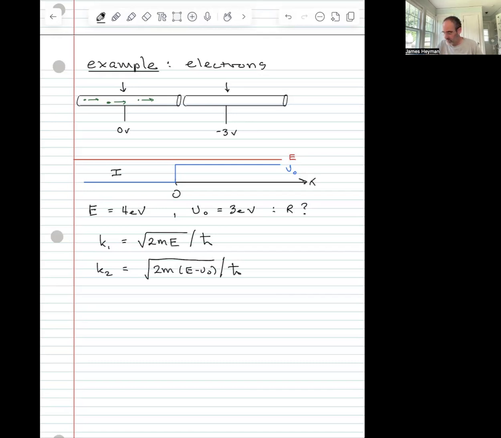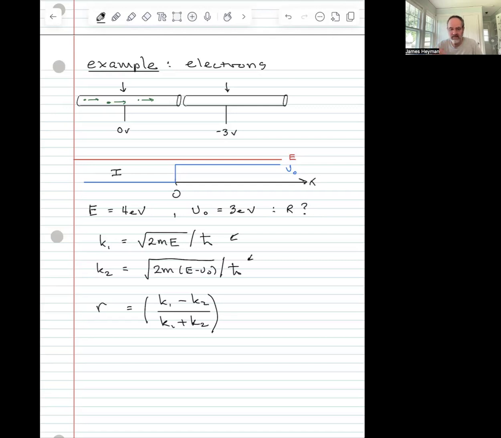Well, we do. But in fact, if we're clever, we can simplify this problem quite a bit and find our answer quickly. We know that the reflection coefficient little r is K1 minus K2 over K1 plus K2. But when we look at K1 and K2, we can see that they have many constants in them that are almost the same.